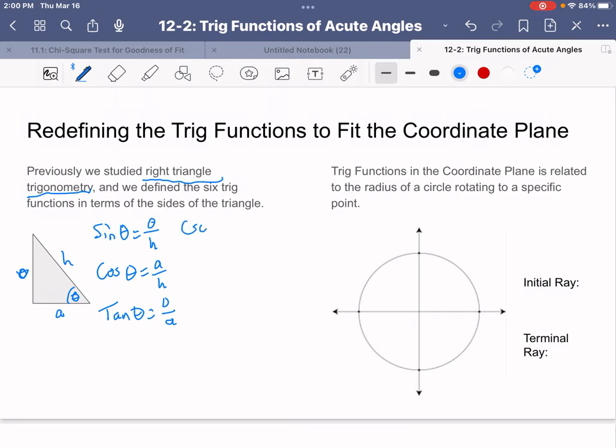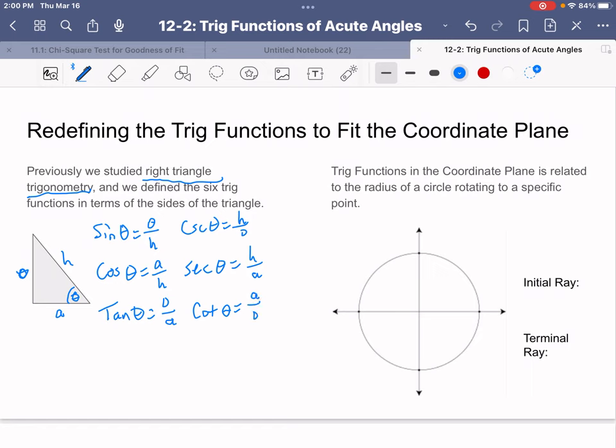And then, of course, we've got those 3 reciprocal functions that some of you are avoiding, but quickly you will not be able to avoid these 3 anymore. And just remember which is the reciprocal of which.